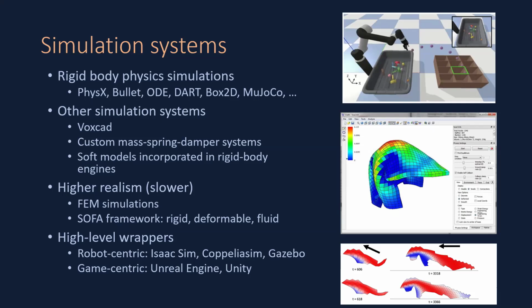And then there are high-level wrappers on top of these again. So you have, for example, Gazebo within the Robot Operating System. You have CoppeliaSim, this kind of robot-centered simulator, and Isaac Sim from NVIDIA, and game engines that all use this kind of low-level physics library under the hood.